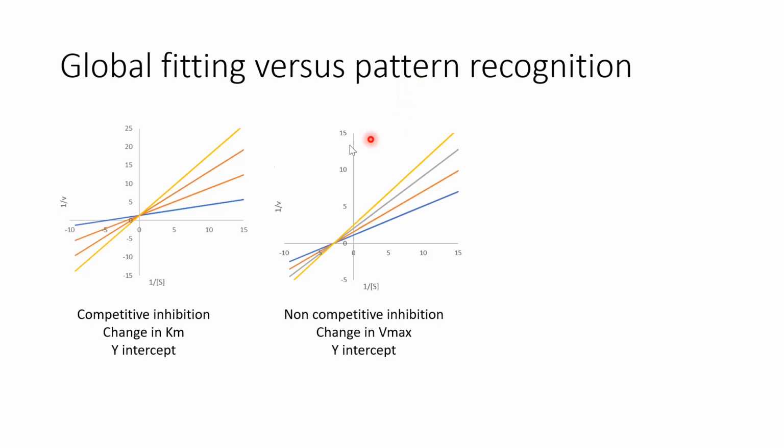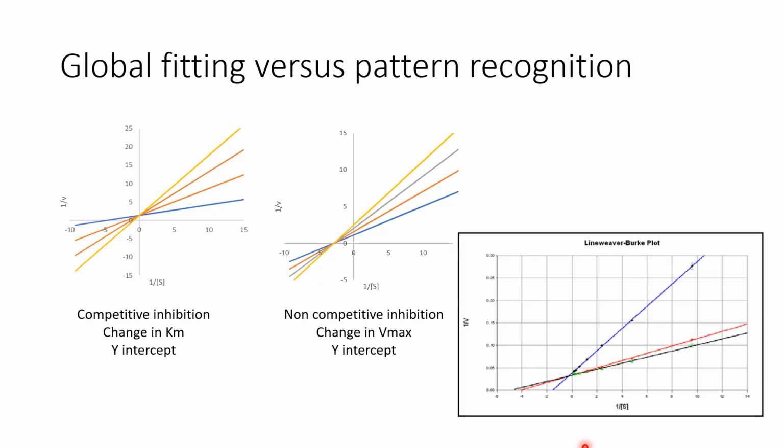And here's the representation of non-competitive inhibition, where you can see there's no change in your substrate affinity, but in this example, the change is in the maximum velocity of your reaction, which you can see is changing the intercept on the y-axis. And this is actually still used today. This is probably the most common way you'll see inhibitors represented and classified in publications.